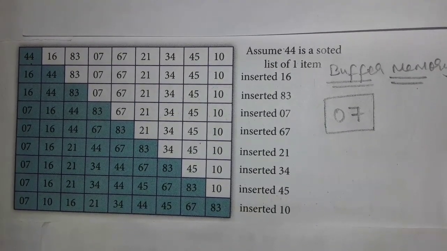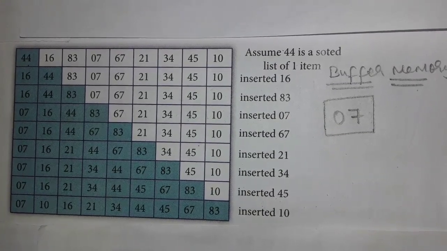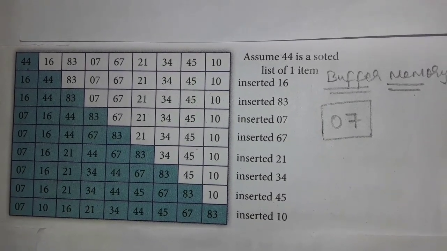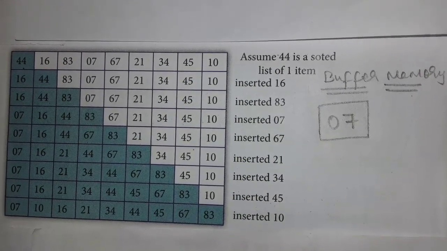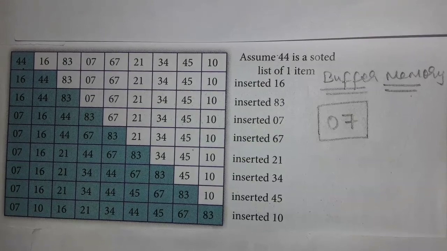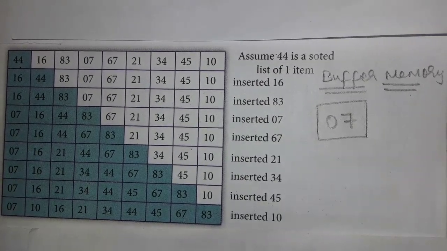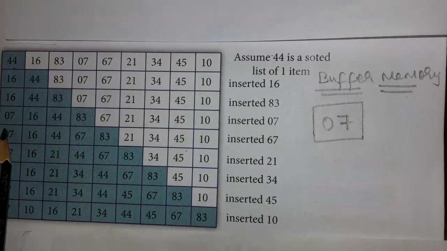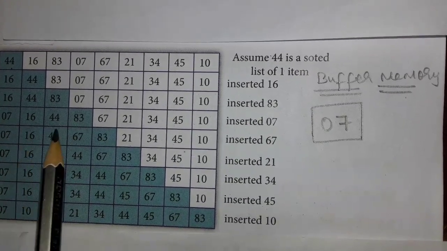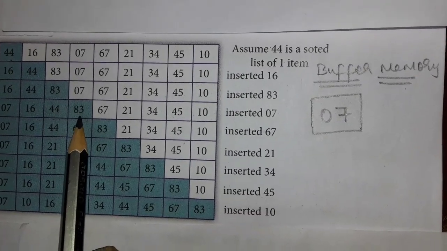First, this 7 will be taken to that buffer memory and that space remains empty. Now all these elements will be shifted. The first position will become empty, and from the buffer memory 7 will be taken to the first position. So now the elements are 7, 16, 44 and 83.